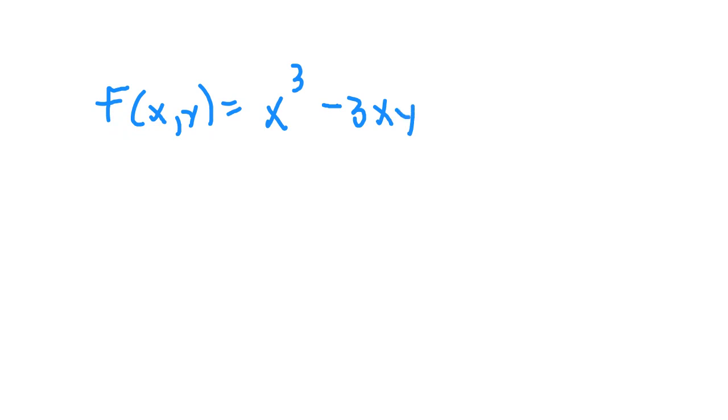The function value on the surface is given by x cubed minus 3xy plus 4y squared. So what if x equals 1 and y equals 2?